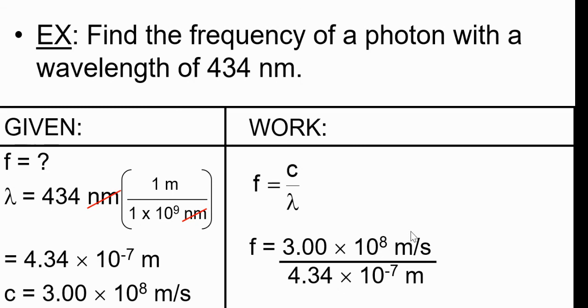Notice that meter cancels like that, and you're left with a unit of 1 over a second. And that is a frequency of hertz. So the frequency of a photon of a wavelength of 434 nanometers is 6.91 times 10 to the 14th. That's the kind of math you'll have to do in this unit.